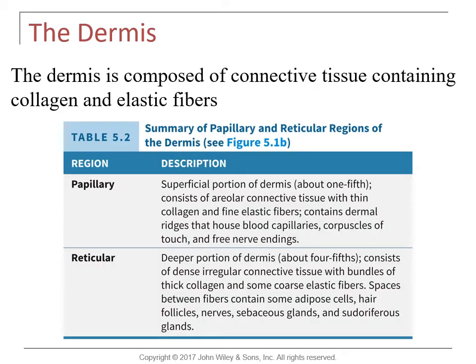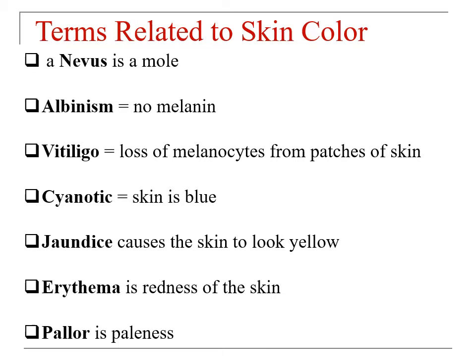Like we said, the dermis is composed of connective tissue containing collagen and elastic fibers. Here in this table, we can see a summary description of both the papillary region of the dermis and the reticular region.